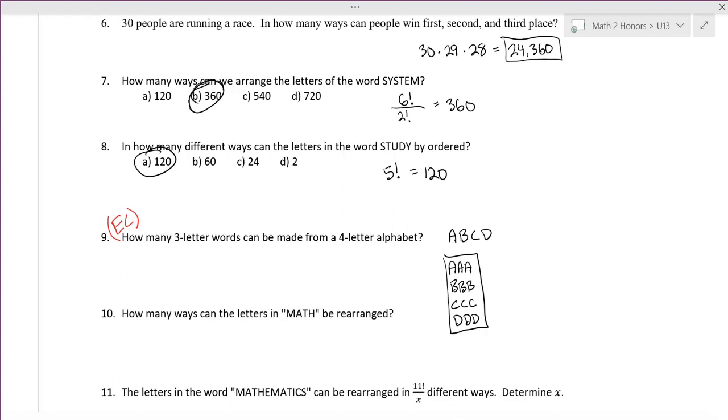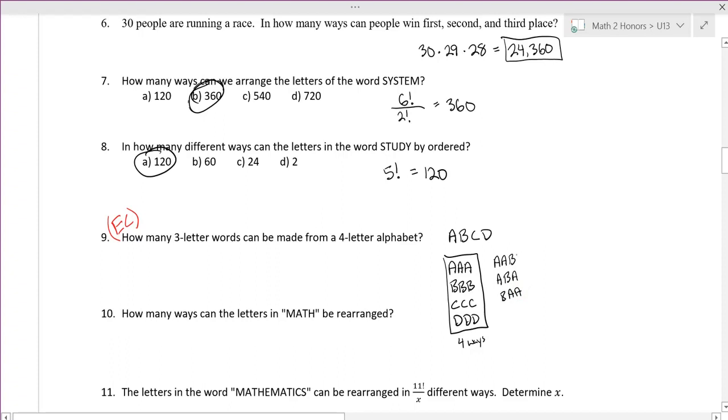And then we got to think, well, how many different ways can you have 2 A's, right? So if I have 2 A's, I can have A, A, B, or I can have A, B, A, or I could have B, A, A. So those are the three different ways that you can have two A's.